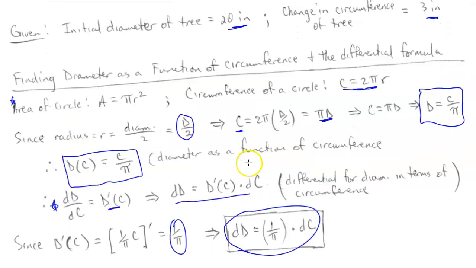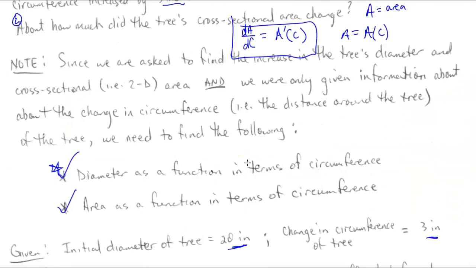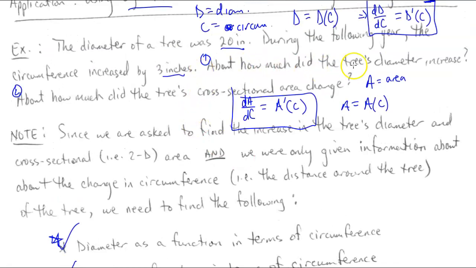And so for this first question here, it says, by how much did the tree's diameter increase? Now that we know that circumference changes by 3 inches, we can just literally plug in, let 3 inches here equal dC, or the differential of circumference. Okay.